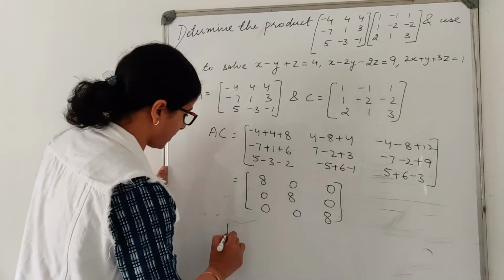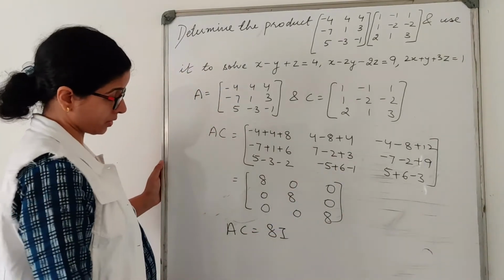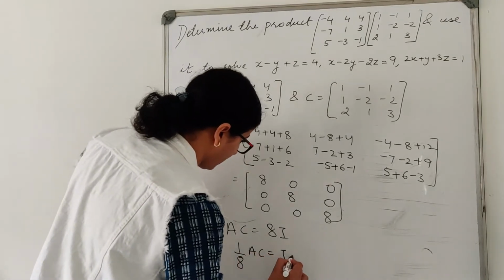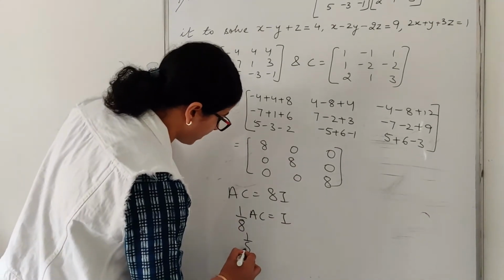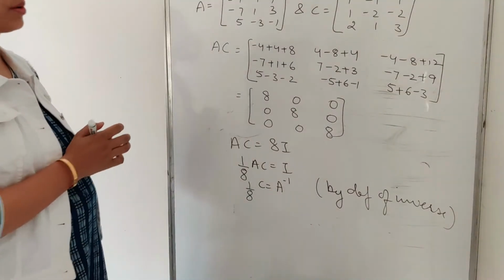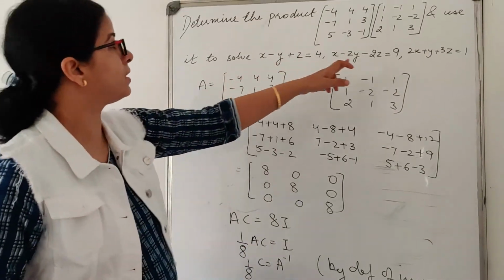So basically AC is equal to 8 into the identity matrix. 1 by 8 AC is equal to I, or I can write 1 by 8 C is equal to A inverse. Okay, now I have to use this in solving these equations.